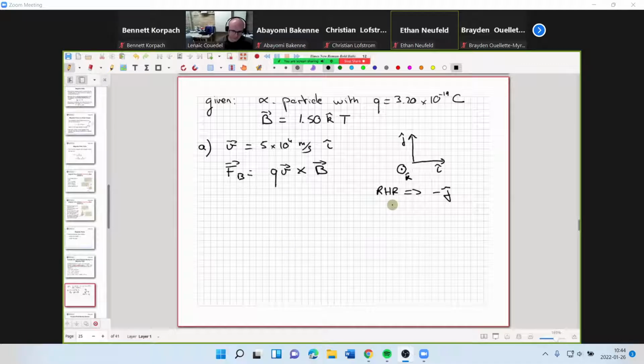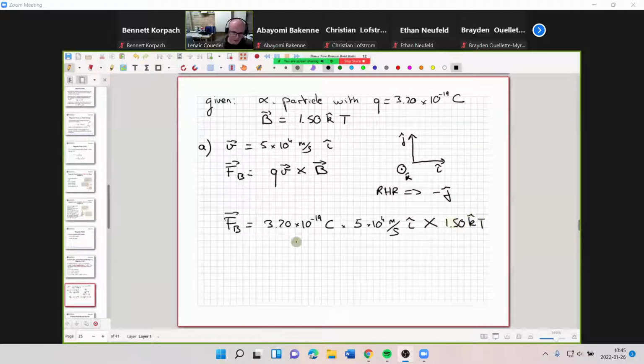All right, so now let's do the calculation. F_B equal 3.2 10 to the minus 19 Coulomb times V, so times 5 times 10 to the 4 meter per second I hat cross 1.5 K hat Tesla. I can rearrange this.